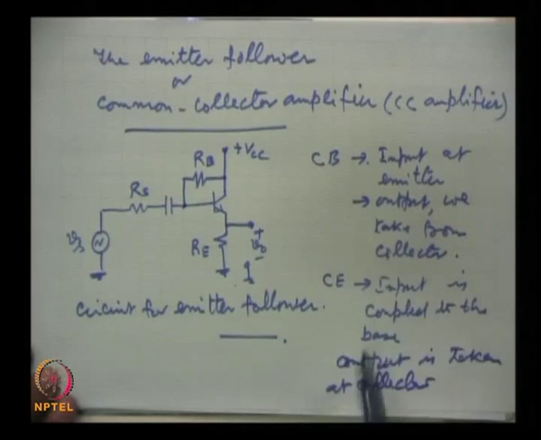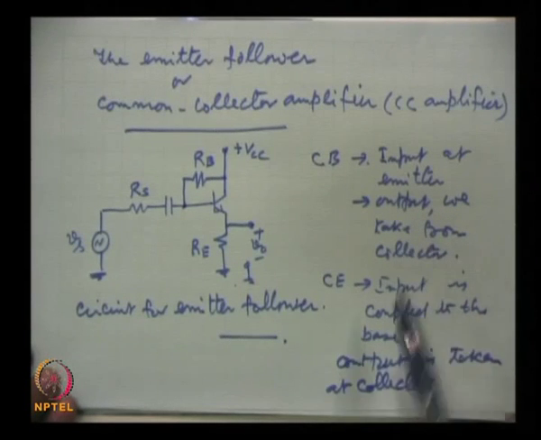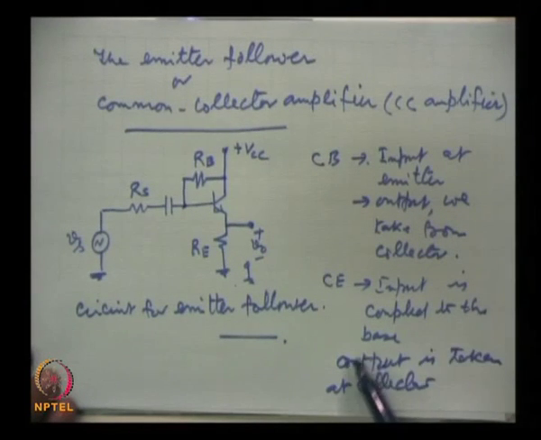The difference: input at emitter, output at collector in CB; here input is coupled to the base and output is taken at the collector. This is what we have been doing earlier.